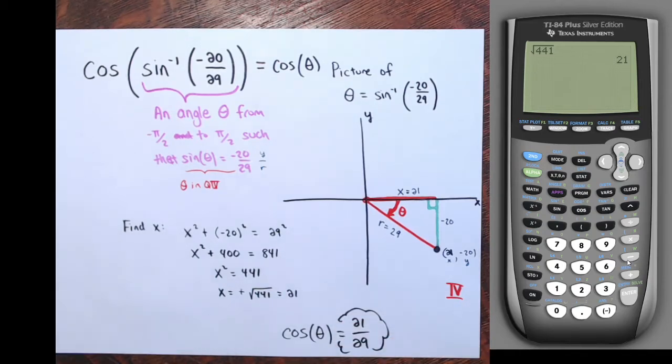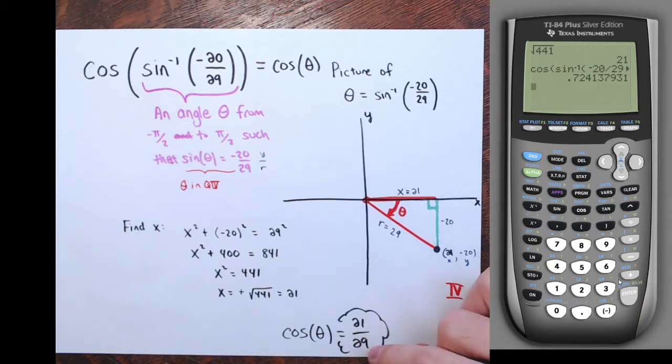I know this is kind of cheap what I'm doing now, but we could also use the calculator to double check our work. What's the cosine of the inverse sine of negative 20 over 29, and then I close the parentheses twice. You see I get this crazy decimal, 0.72413.